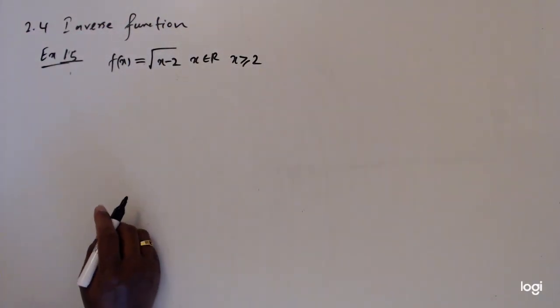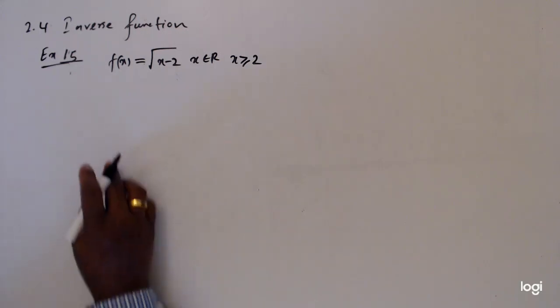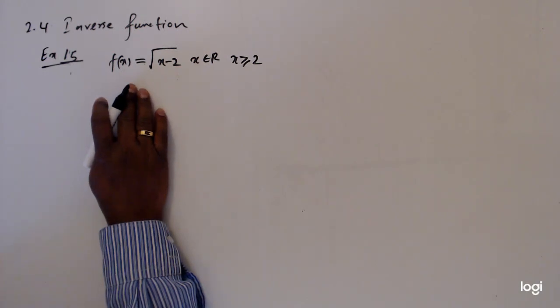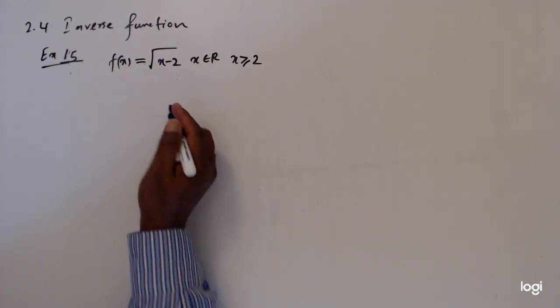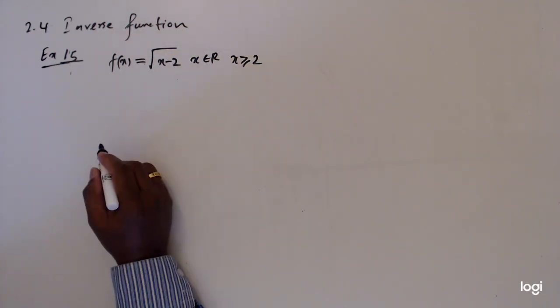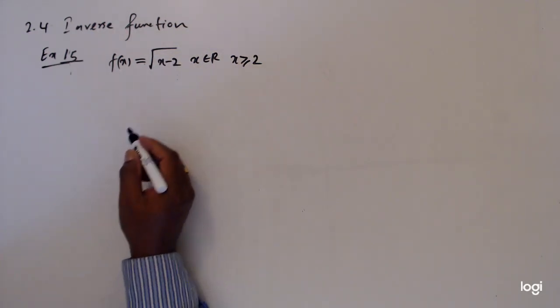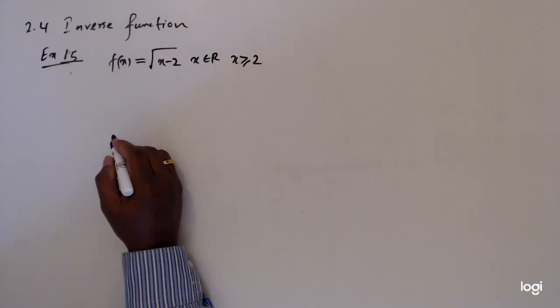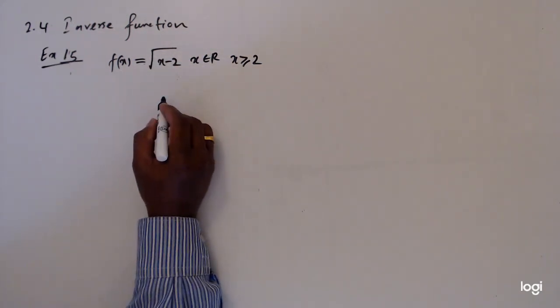Example number 15. Now when you look at this one, we need to find the range and the inverse function. When you see a square root, the rule is that whatever is inside it should be greater than or equal to 0.